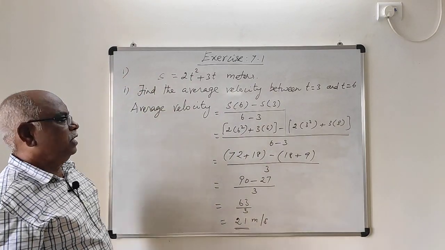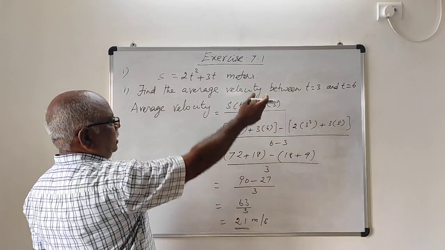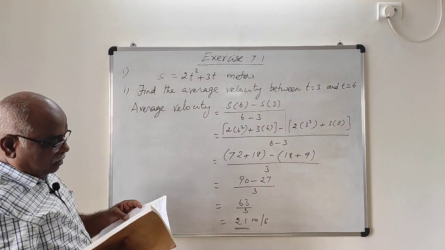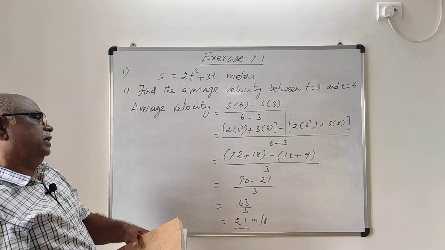Average velocity between t equal to 3 and t equal to 6. The next question in the problem is to find the instantaneous velocity at t equal to 3 and t equal to 6 seconds.